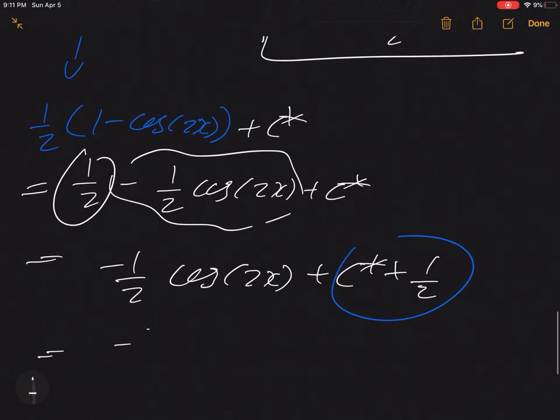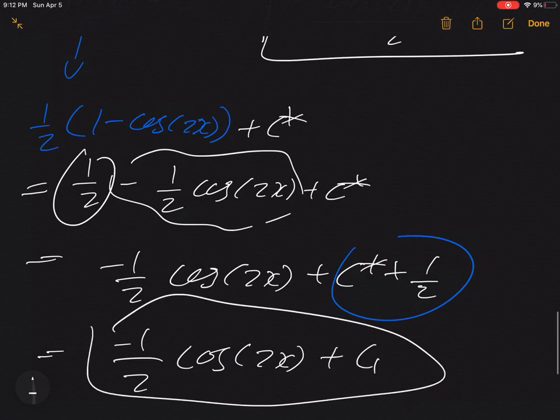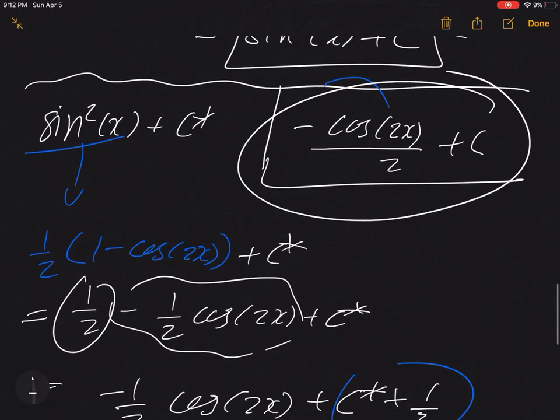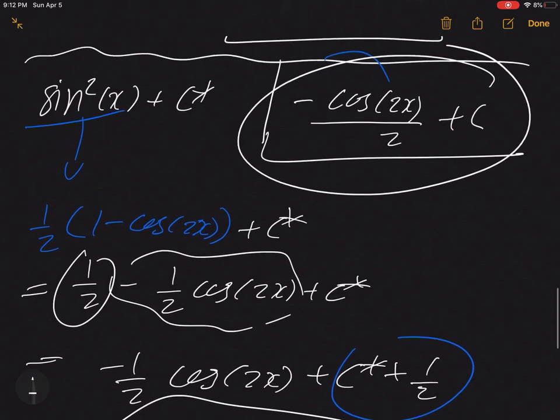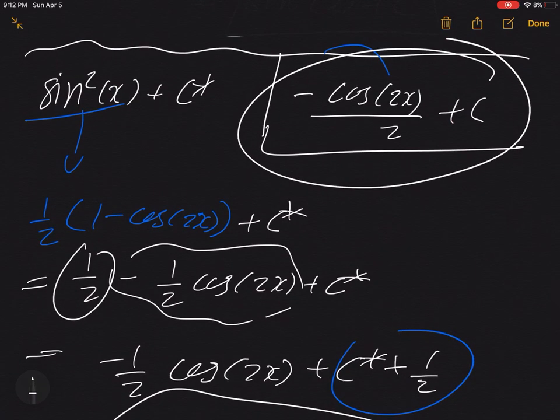So this is equal to negative half cosine of 2x plus c sub 1, which has the same form as that one there, with c1 instead of c. We explained why these constants may be different.